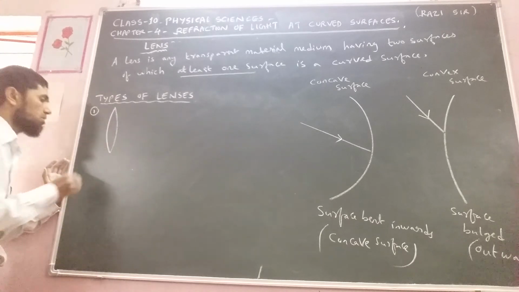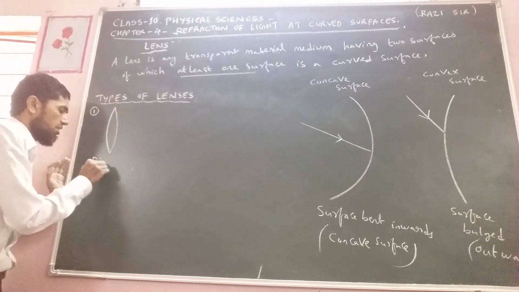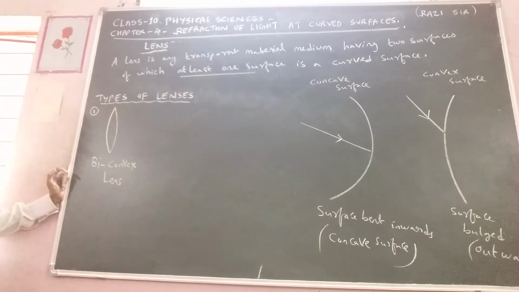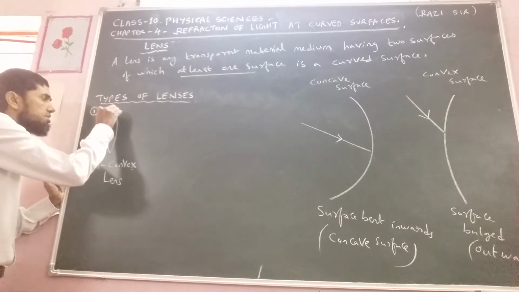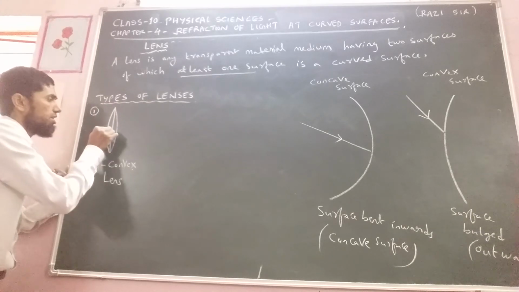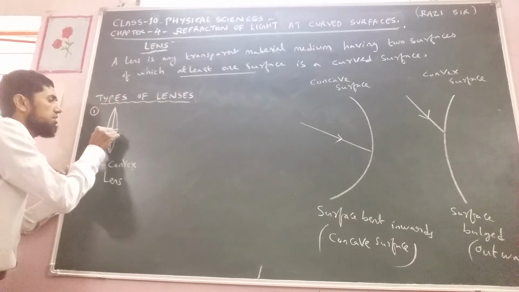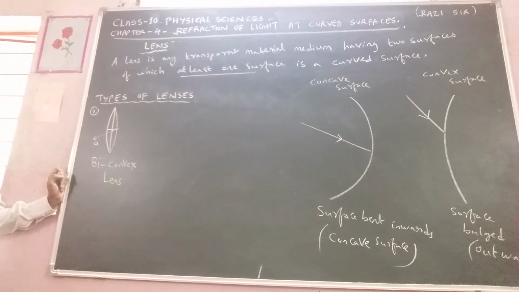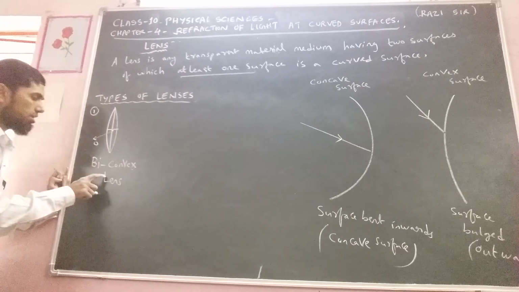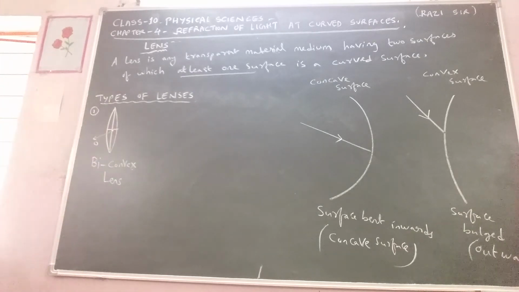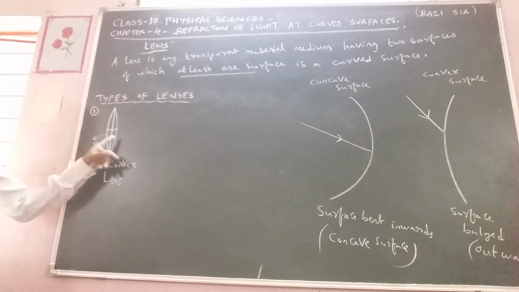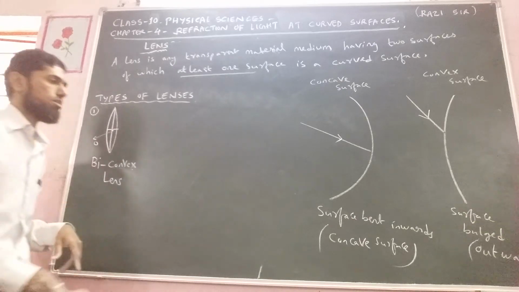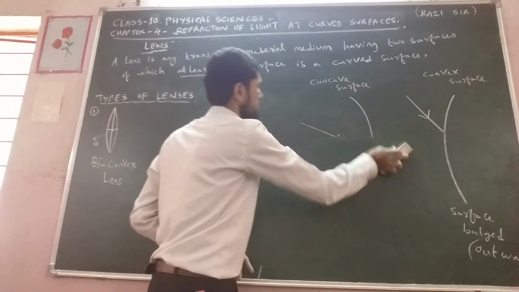Both of them are double convex, so this is a biconvex lens. We also have a geometric center, denoted by the point O, which is called the optic center. So the first type of lens is a biconvex lens, having both surfaces bulging outward.